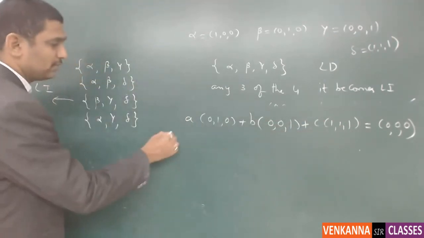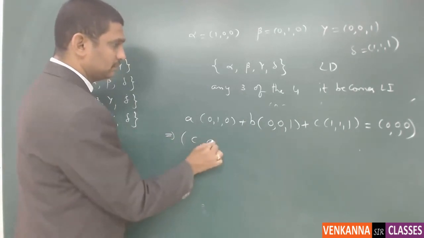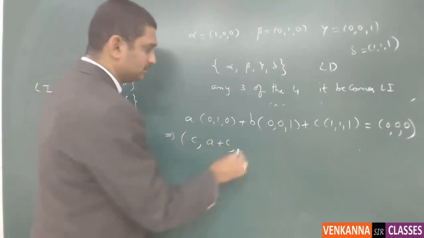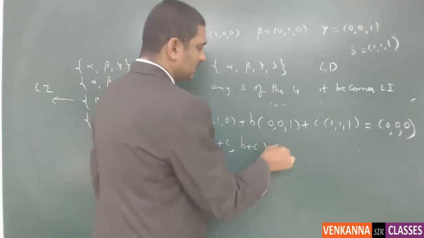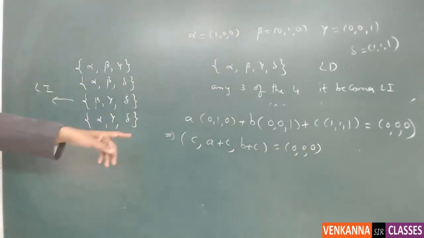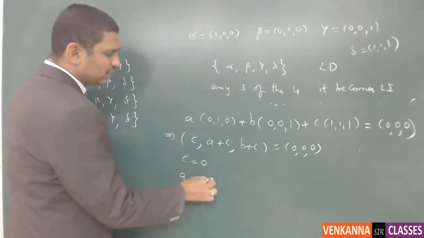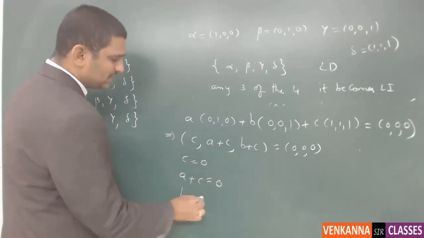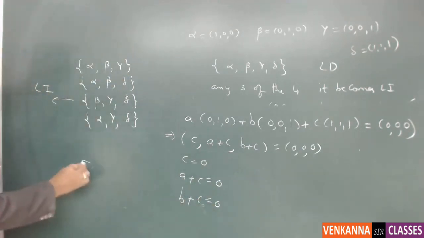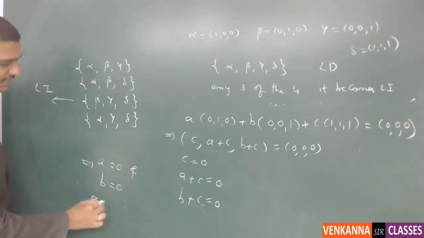If you sum that up, it will be (c, a plus c, b plus c) equal to (0, 0, 0). Now from this, c is equal to 0, a plus c is equal to 0, b plus c is equal to 0, which obviously gives that a is equal to 0 and b is equal to 0, as c is 0.